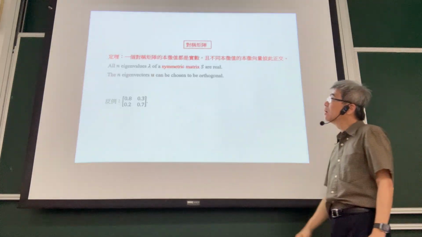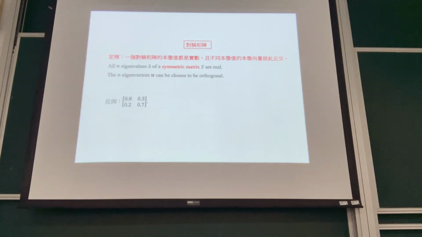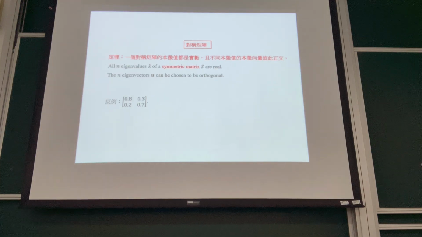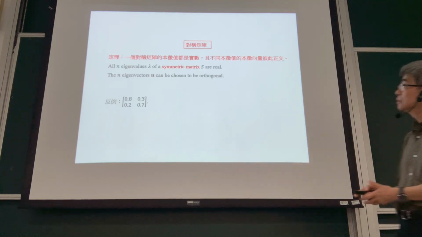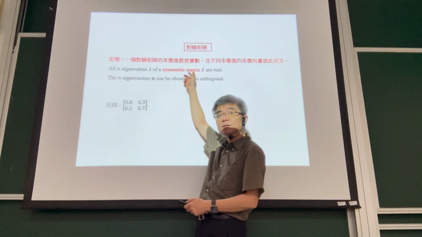So I'm going to prove two theorems. Very mathematical, very abstract, very mechanical. Follow me. The first two theorems are that all eigenvalues of a symmetric matrix are real. I'm going to prove that. The first step, of course, please observe that the matrix we encounter is a symmetric one.